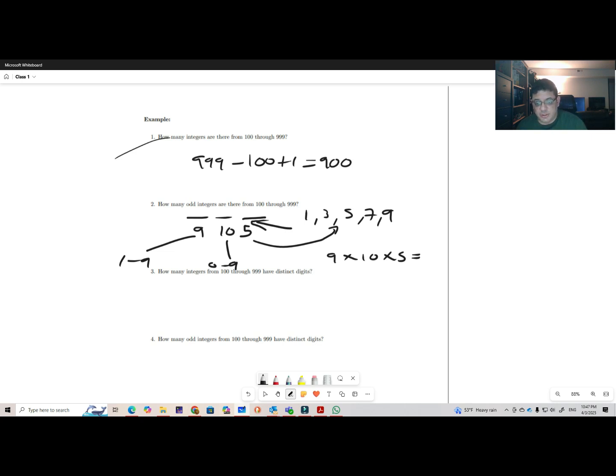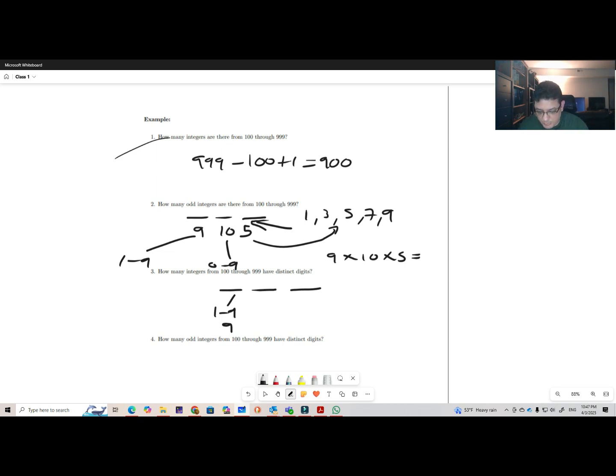Now, how many integers from 100 to 999 have distinct digits? If I look at it from that point of view, I have 3 different digits here. Because we have different digits, the first one has choices 1 to 9, so it's going to have 9 choices.